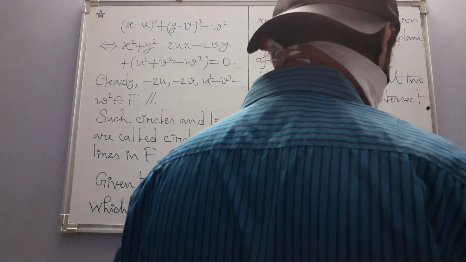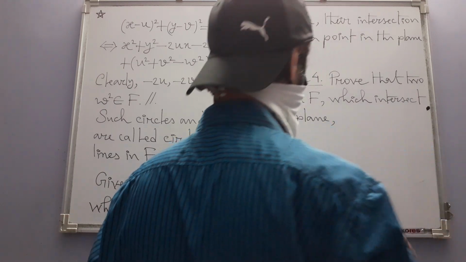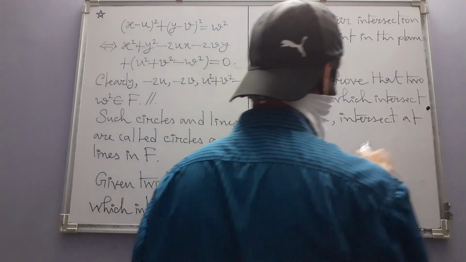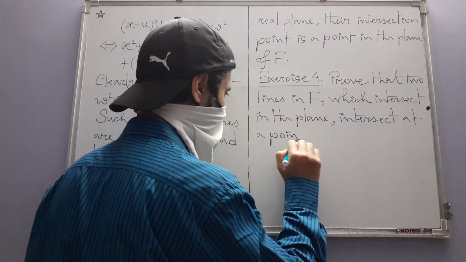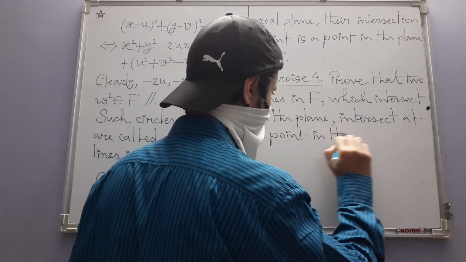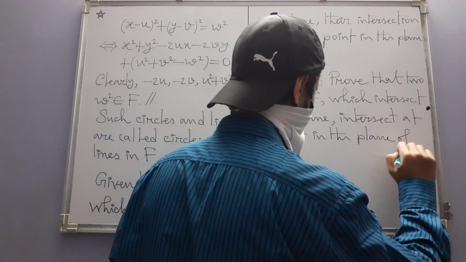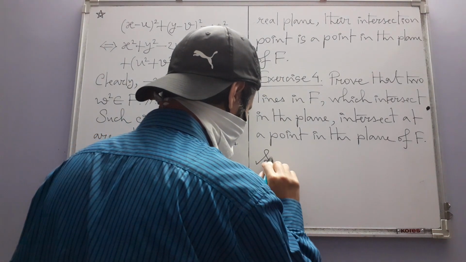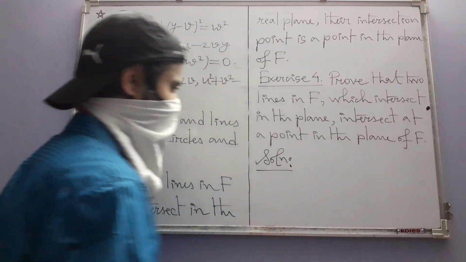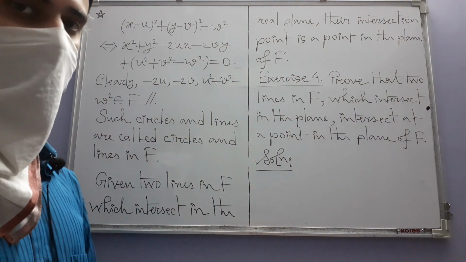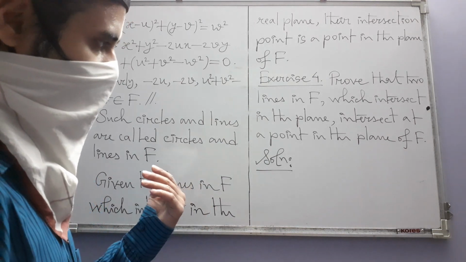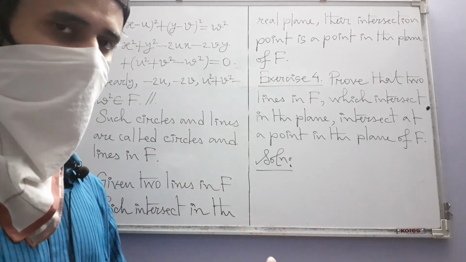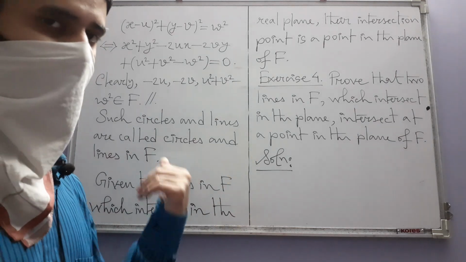intersect at a point in the plane of F. Now, in solving this exercise and in considering those two lines, definitely we are not going to go back to say 2 points for each line through which they pass, and those points lie in the plane of F. No, we do not need to go that far back.